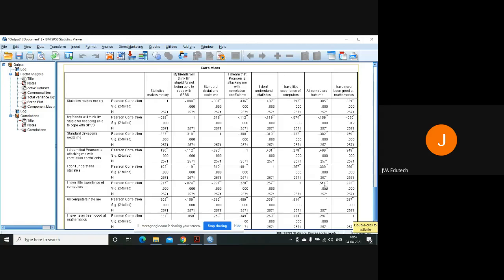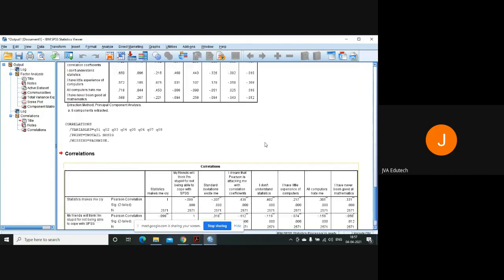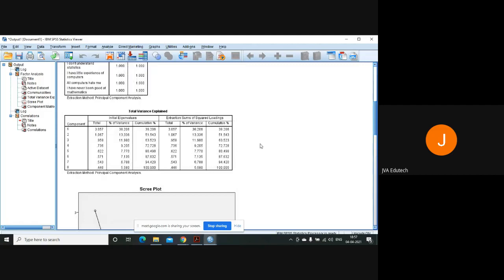I think we will be getting 0.514. Okay, so you can see that due to relatively high correlations among items, this would be a good candidate for factor analysis.